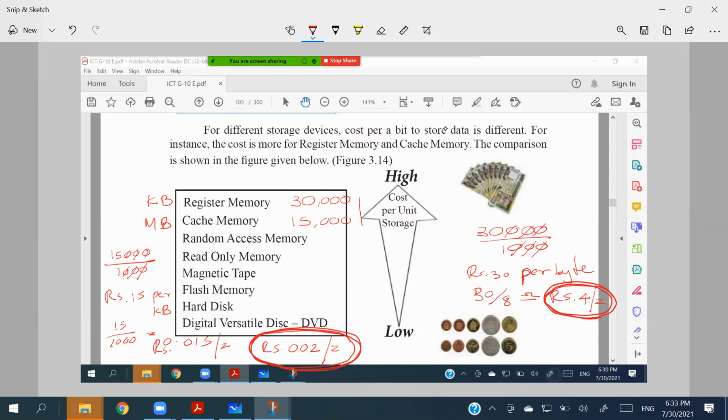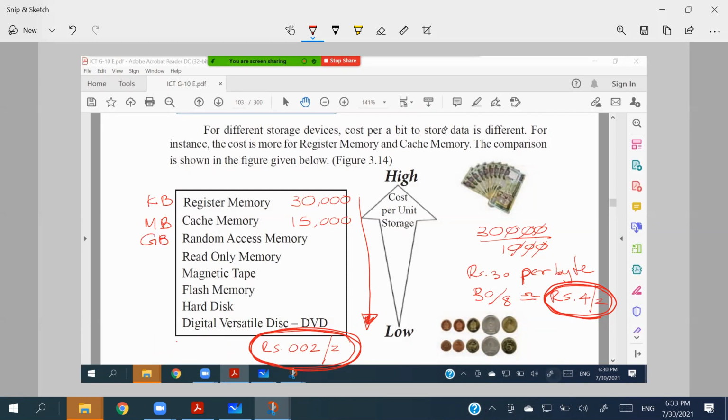When you are going down towards this list, the capacities of these components are being increased, right? When it comes to the random access memory, it is from gigabytes.